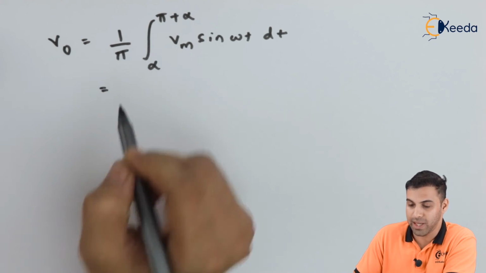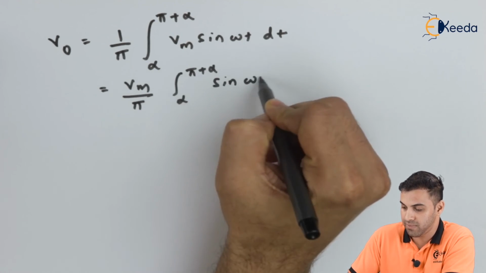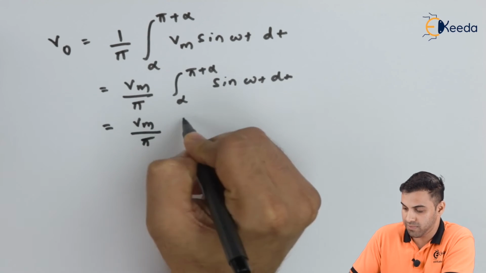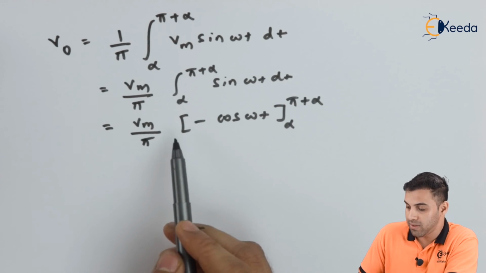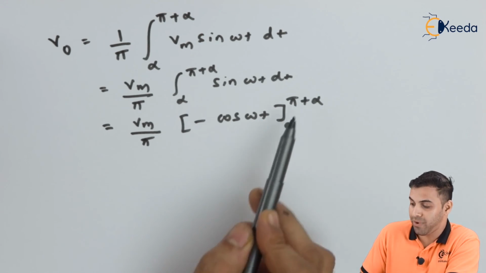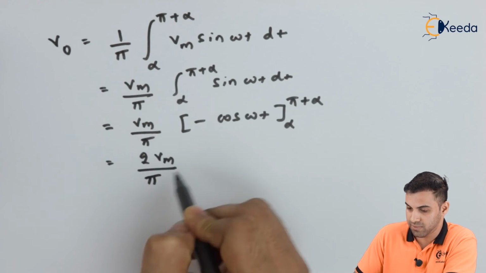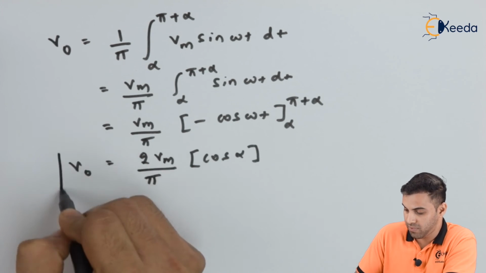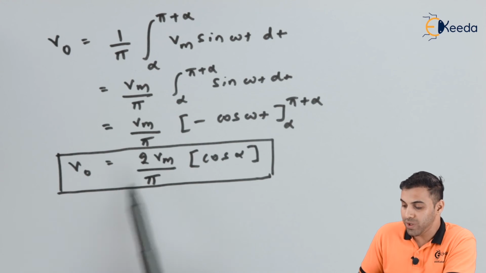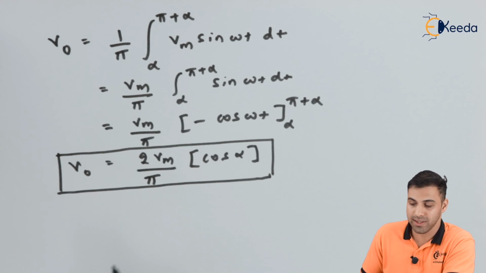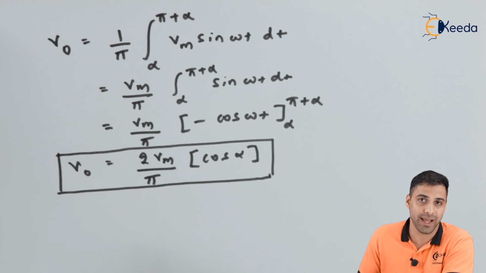If we simplify this, it becomes Vm by pi times minus cos omega t from alpha to pi plus alpha, which finally becomes: the output voltage will be 2 times the maximum input voltage divided by pi, into cos alpha, where alpha is the conduction angle of the thyristor.